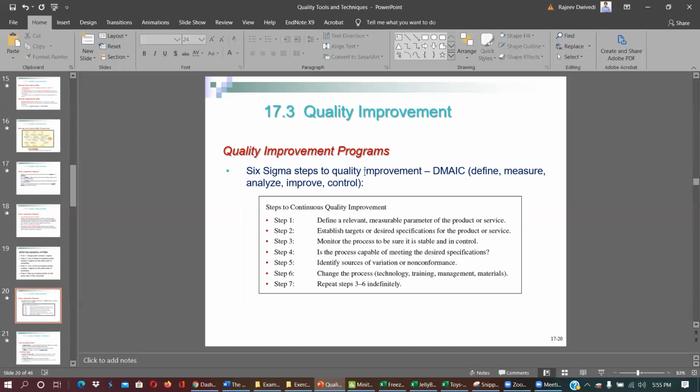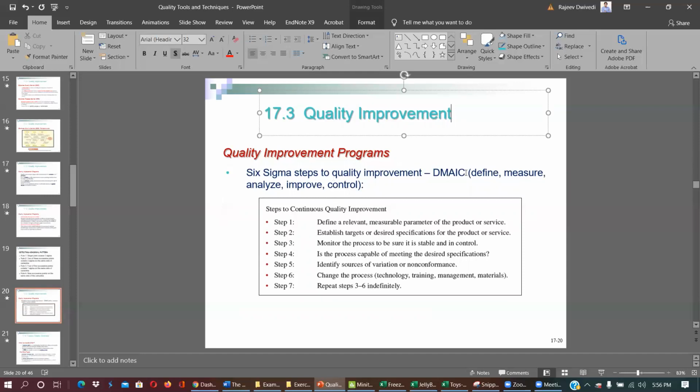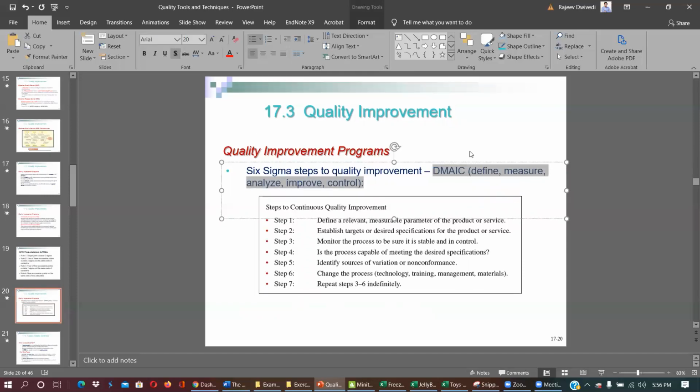That means 6 sigma steps are based on define, measure, analyze, improve, and control. And these are the steps in order to improve quality continuously. So this is very important for you to remember. So what is 6 sigma?